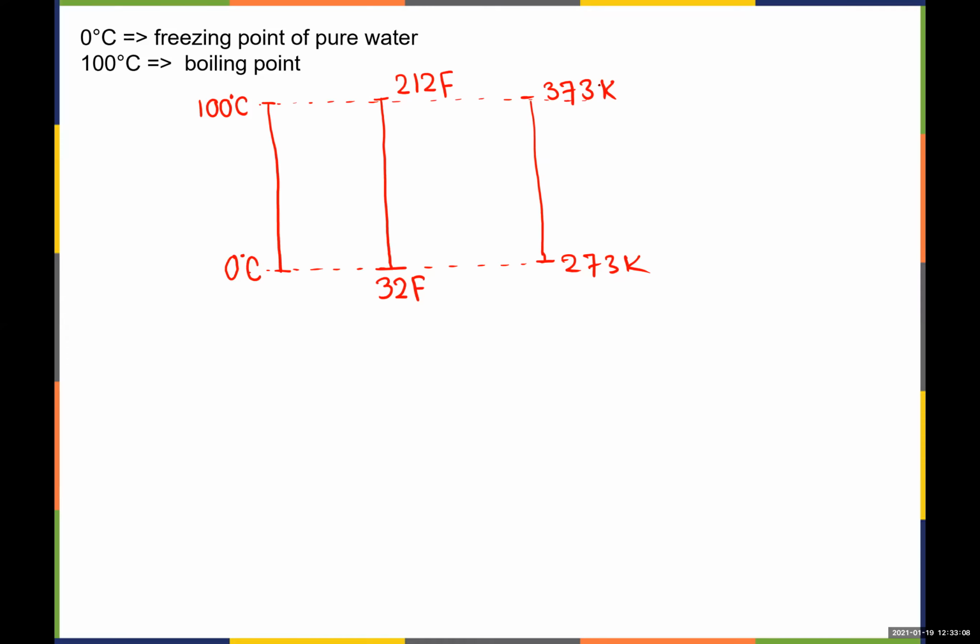Now we want to find the relation if at a particular time a substance has temperature C. We want to know what is the temperature in Fahrenheit, and the corresponding temperature in the Kelvin scale. Between the freezing point of pure water at 0 degrees and the boiling point at 100 degrees Celsius, it is equally divided into 100 parts.